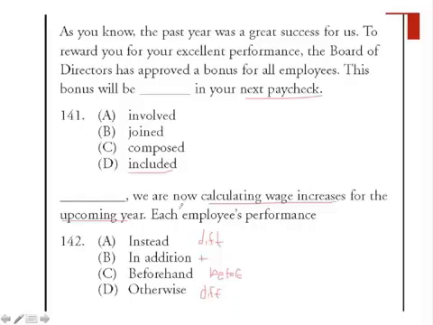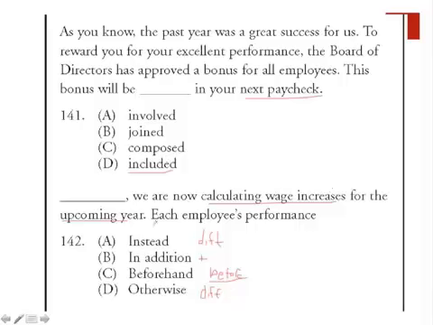So in this case, are we talking about information that would be different, the same, or are we indicating some kind of sequence? Well, I think as we can see, we're trying to say that bonuses are going to be included. And they're trying to figure out how to increase our wage for the upcoming year.